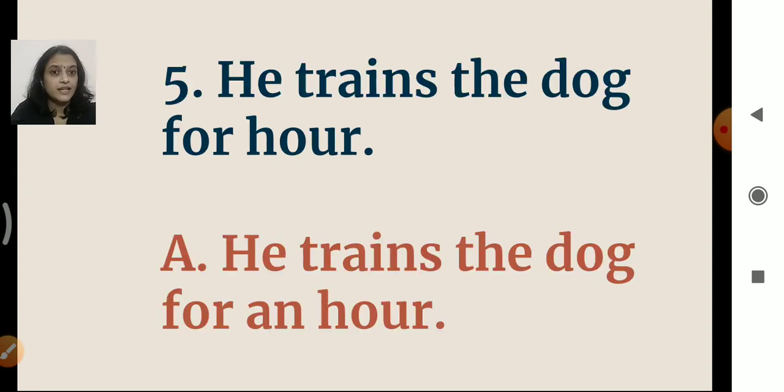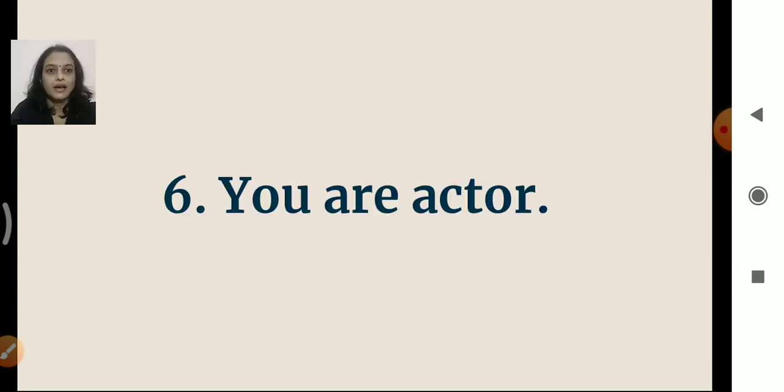Again, the answer is, he trains the dog for an hour. Why "an"? Again, H is silent, right? We do not say "har", we say "hour". So H is silent here. So we use "an" before a silent H. So here we have an hour. He trains the dog for an hour.